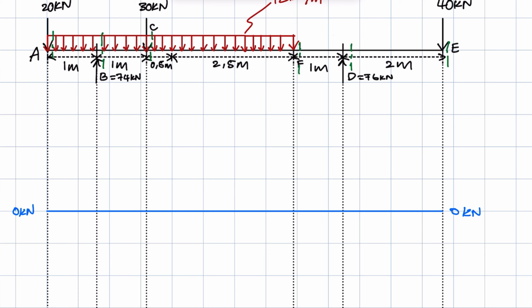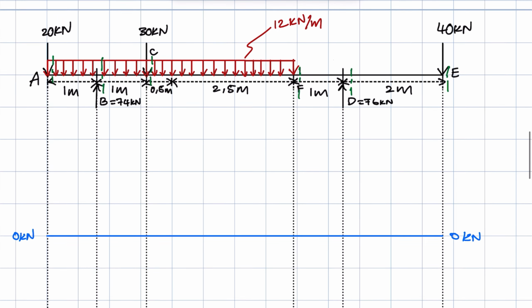So when drawing your shear force diagram, always place sections on the right of each point. Now going back to your points, if there's a UDL on the left of your points, then you are going to have a section on either side of the point. For instance, at A, there's no UDL on the left of A, so you're going to have the one section on the right of A.